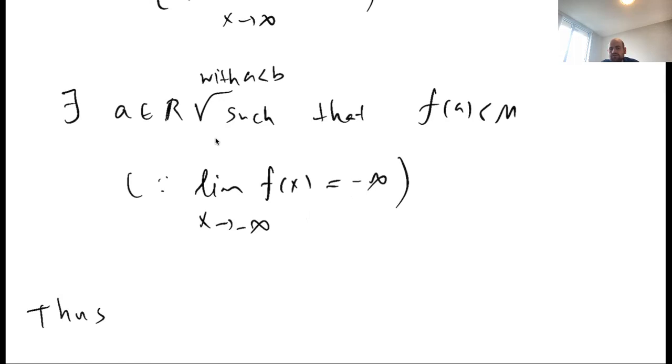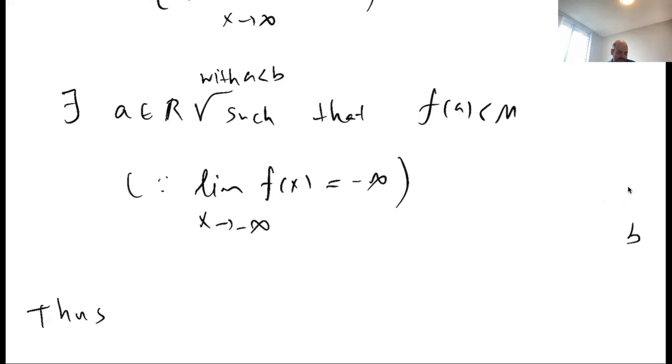So this a could be towards minus infinity, and this b could be towards positive infinity, right? And f of a could become less than any given number, such as m. F of b could become bigger than a number, such as m.